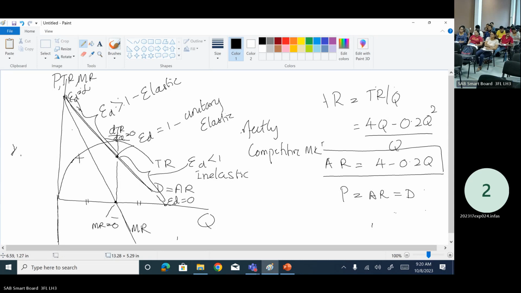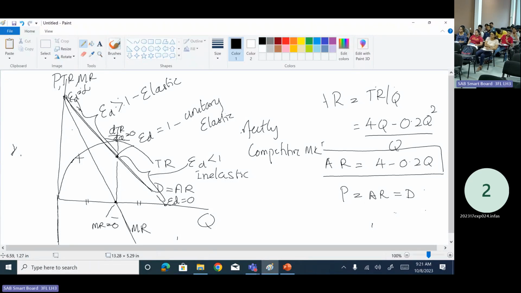That's why we say the rational producer selects the positive marginal revenue region, where the elasticity of this product is greater than 1.